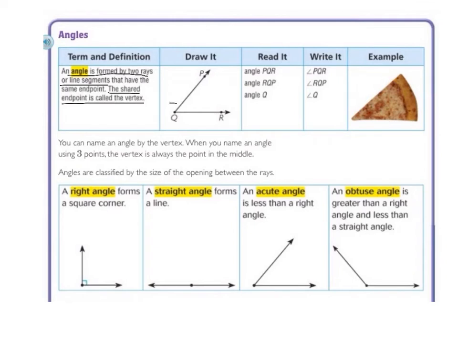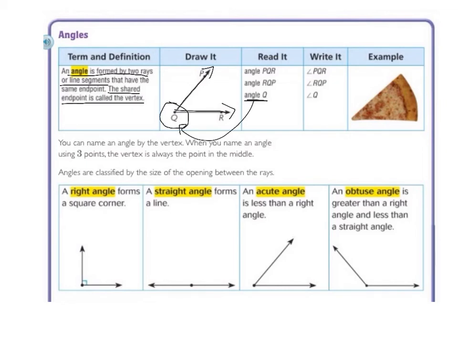So that means where they meet together, like this letter Q. The two lines meet together at the letter Q. And we know that these ones are rays because they travel off in one direction. So there are two rays that meet together at one end point. So when we read this, we know that our vertex is Q. And so we call the whole thing by its vertex. We call it angle Q.